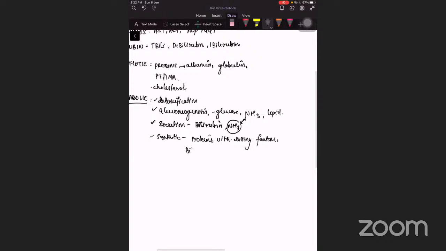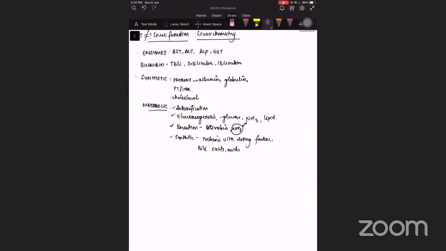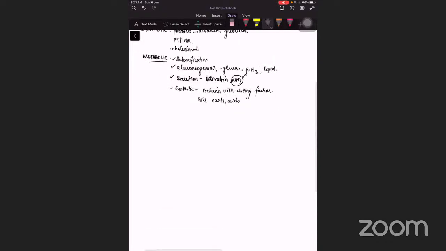Apart from that, it also produces bile salts and bile acids. So these are the main functions that the liver has. Whenever we are looking at the liver function test per se, are we really getting all of these functions? Only a part of it we are going to get.